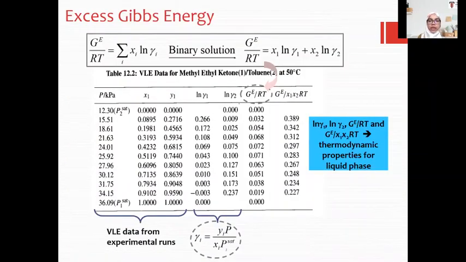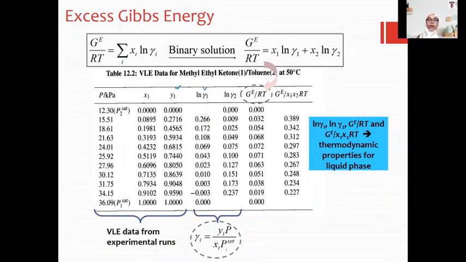From the VLE data, you can also obtain another set of information. Back from the previous topic, we learned that the excess Gibbs energy over RT equals the summation of the composition times log gamma. In a binary solution, we have two components. From the available data, which are the composition and the log gamma for both components, it gives us the value of GE over RT.